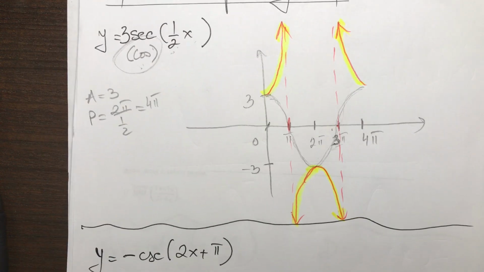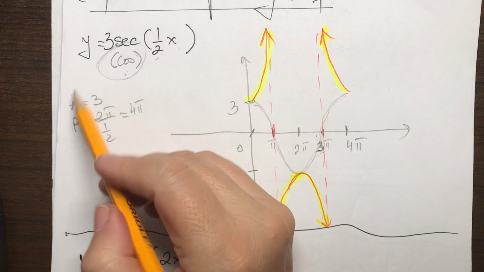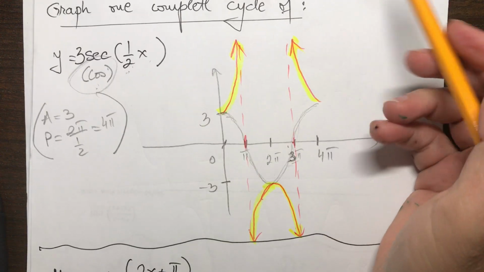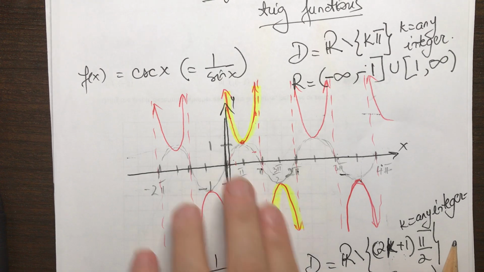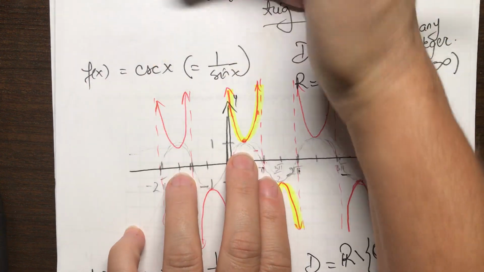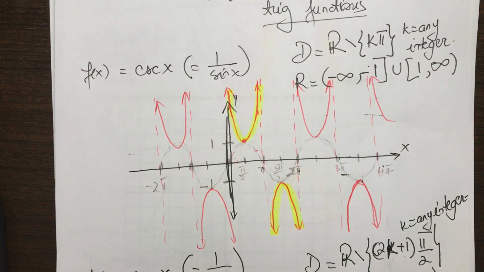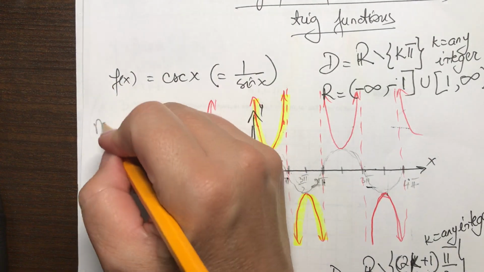So again, this is not really the amplitude. A secant or a cosecant function doesn't have an amplitude. Why? Because there's no highest value from the middle line to the highest point. It goes to infinity, yes? So there is no amplitude.